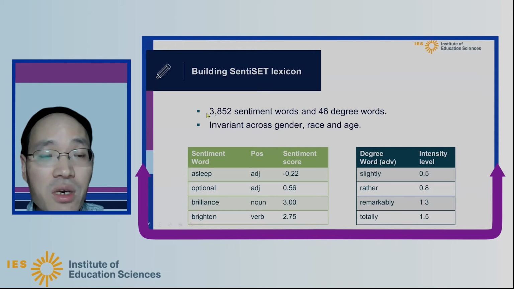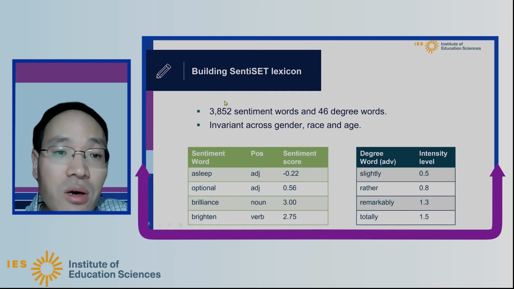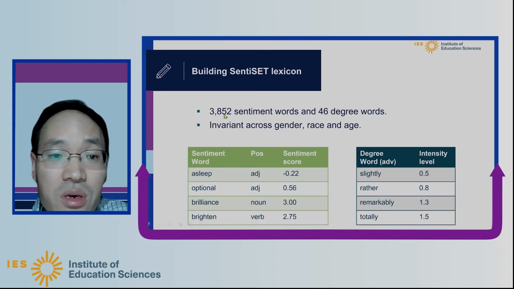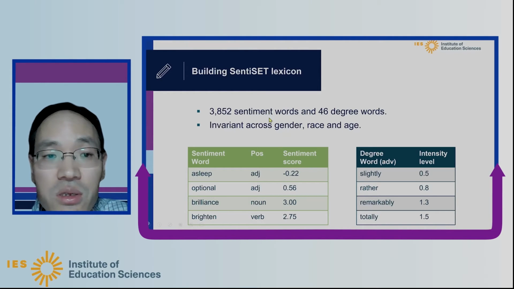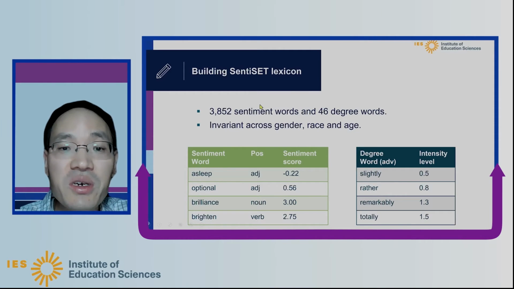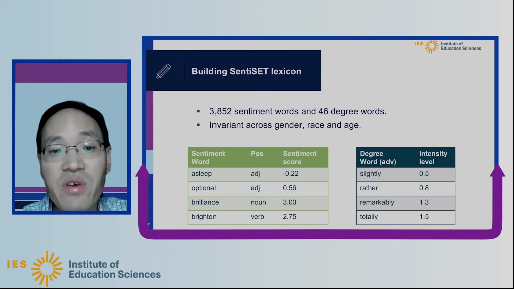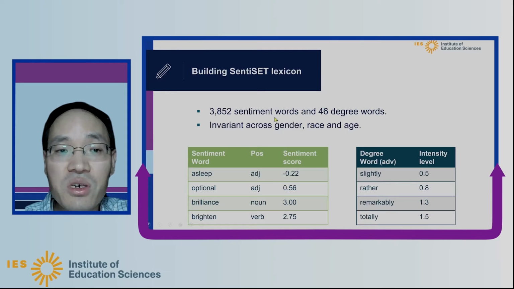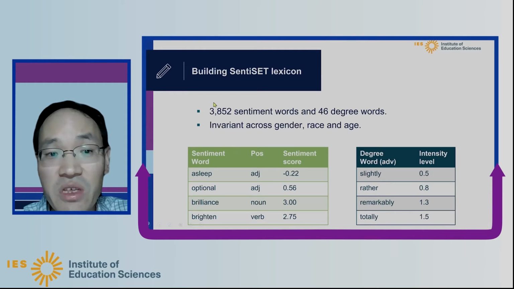Eventually, after we did the survey, we decided to keep about 3,800 sentiment words. The reason is because for some words the ratings are very different for different people. For example, the variance of those ratings is very large among the participants. We saw that maybe those ratings are not very reliable, so we removed those words.